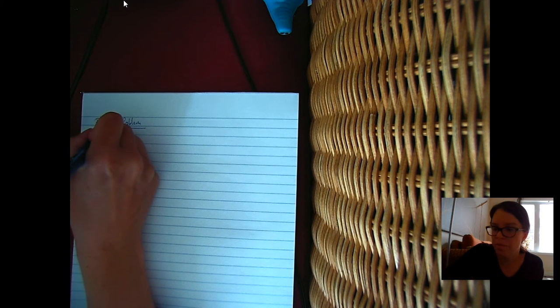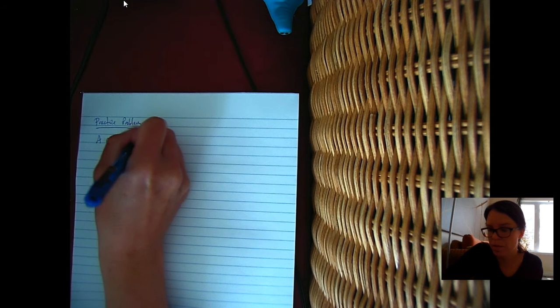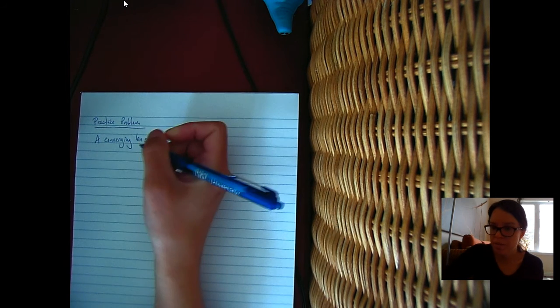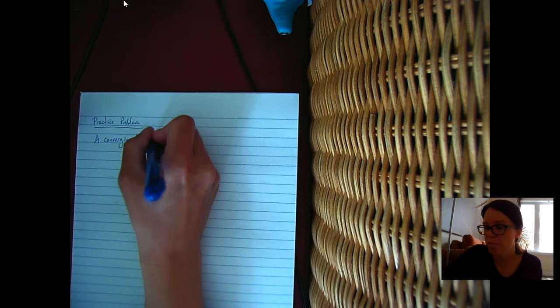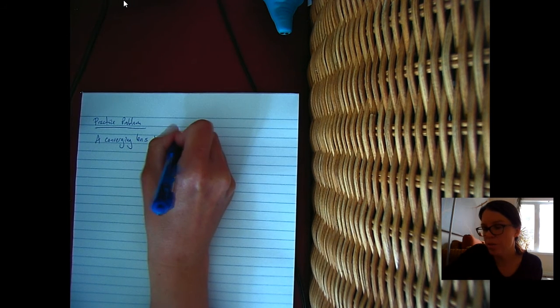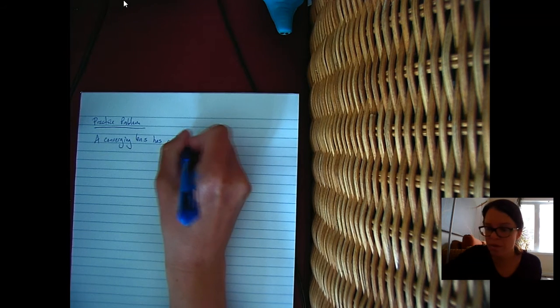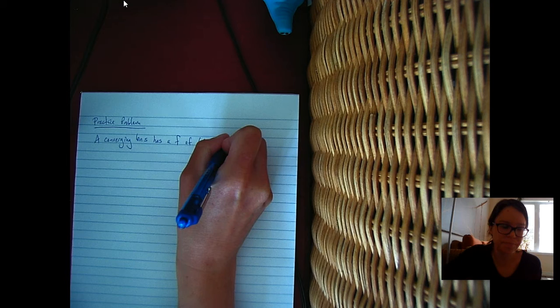Practice problem. Okay, so write it down. A converging lens, I know some of you are not happy campers right now. Okay, a converging lens, and maybe some of you love it, has a focal point, so I'm just going to put F, of 60.0 centimeters.